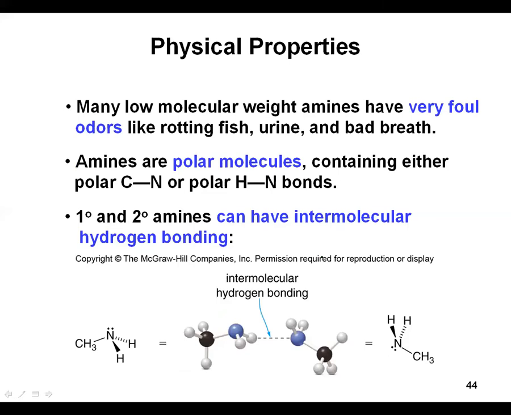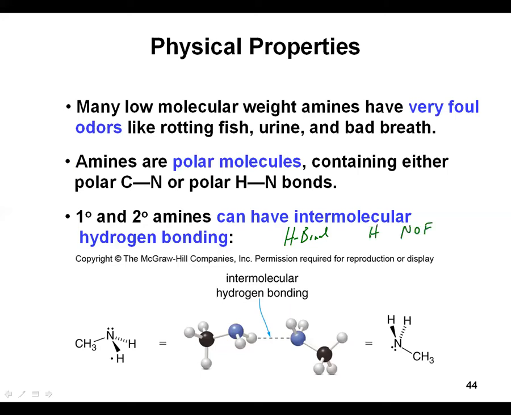So many low molecular weight amines have a very bad smell. Amines are polar, and they have the ability to hydrogen bond. Remember, in order to hydrogen bond, you need a hydrogen that's bound to either a nitrogen, oxygen, or fluorine.